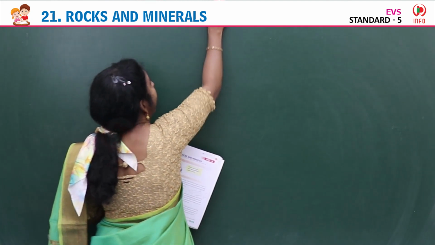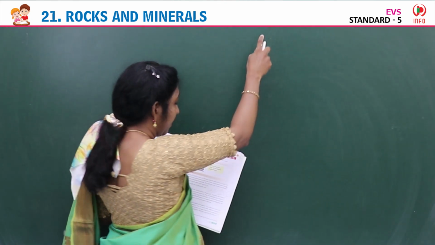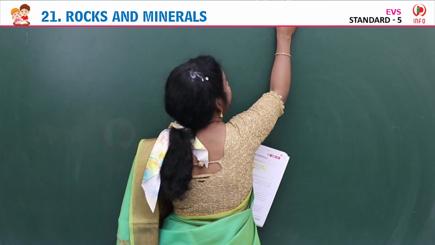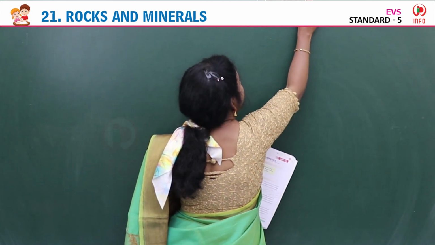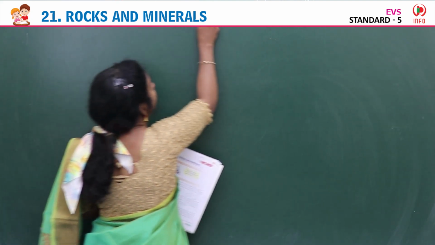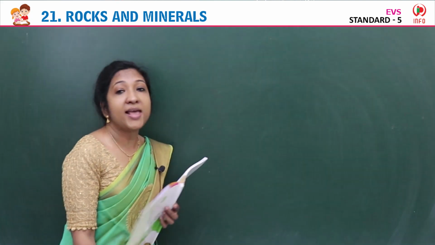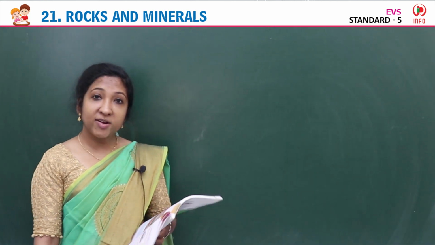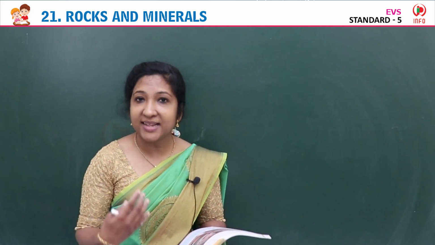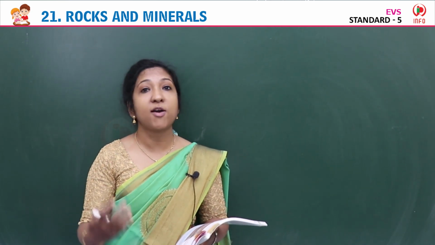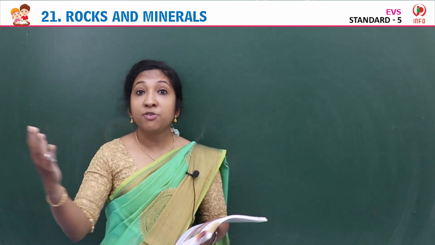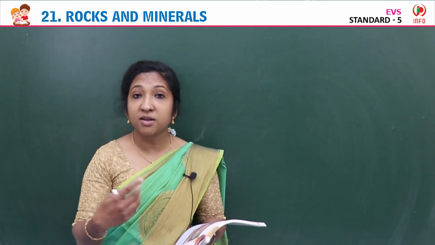Rocks are made up of some chemical substance called minerals. Lesson 21, rocks and minerals. Yes, children, the earth we live on provides us land to live and also soil to grow crops. And here we can find different types of rocks on the earth.